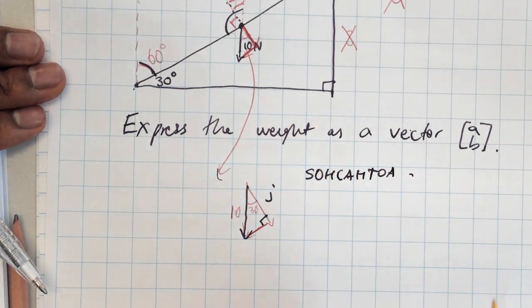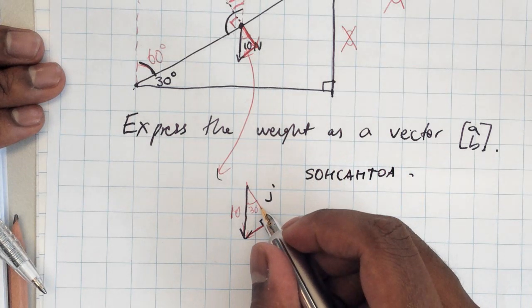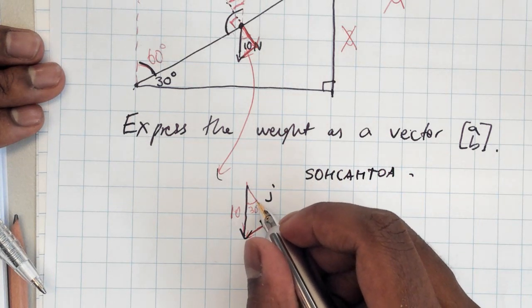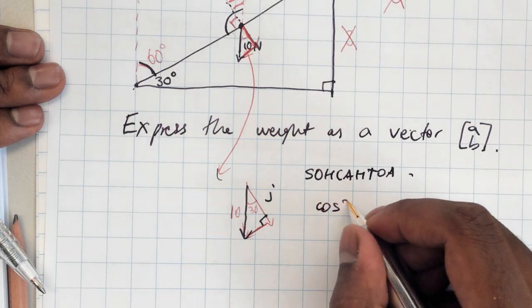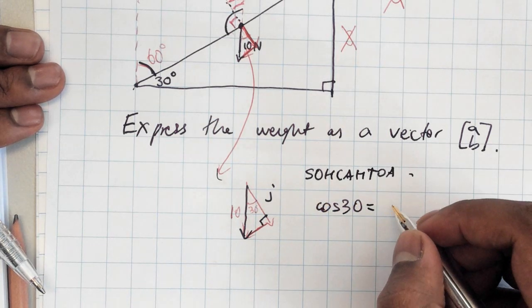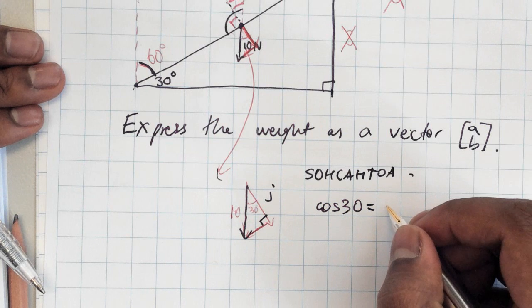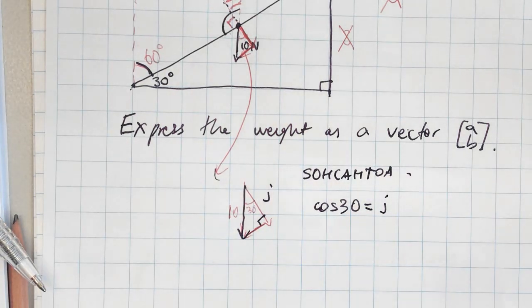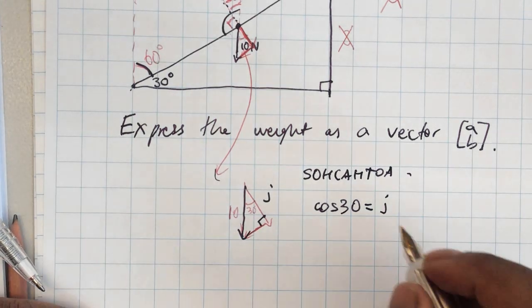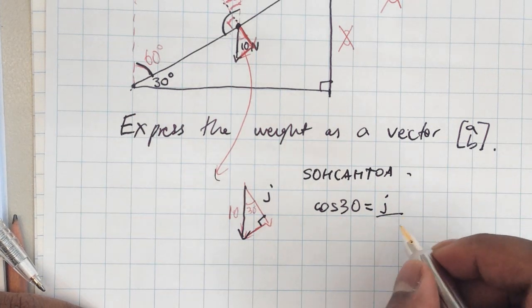SOH CAH TOA. From this angle, that's adjacent, that's the hypotenuse. So cos 30 is going to equal my value for J, we'll just call it J, J over 10.